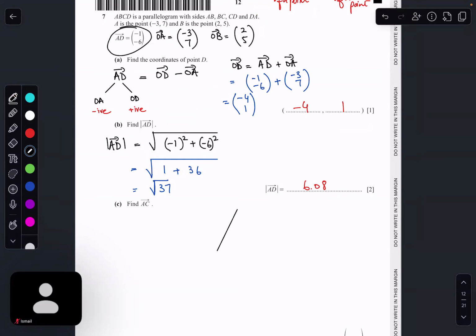This is a parallelogram, and the properties of a parallelogram are two pairs of equal sides and two equal angles. We are not concerned about the angles, but we are concerned about the sides. So we can find AC using vectors.